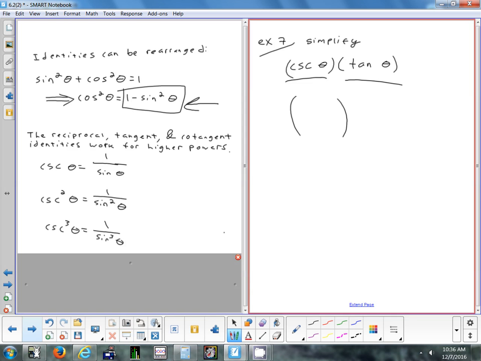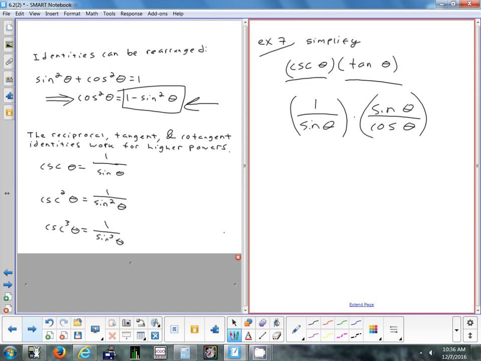So looking back at the identities on the other page, how can you rewrite cosecant? 1 over sine, times, and you can rewrite tangent 2 ways, but I like the way that Noel just said, sine over cosine.